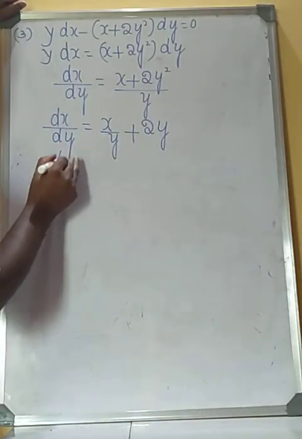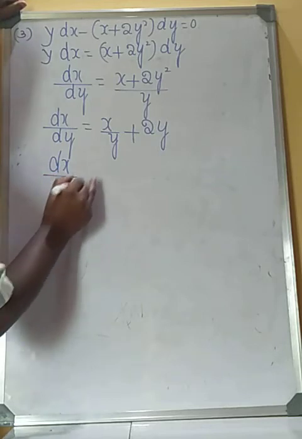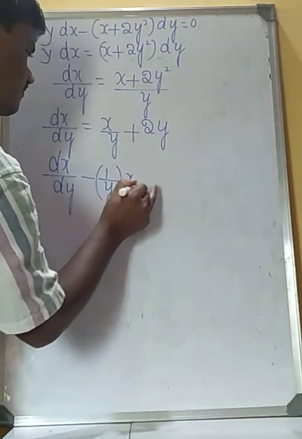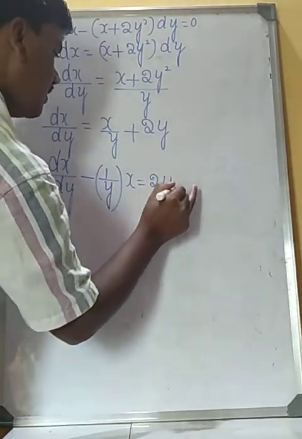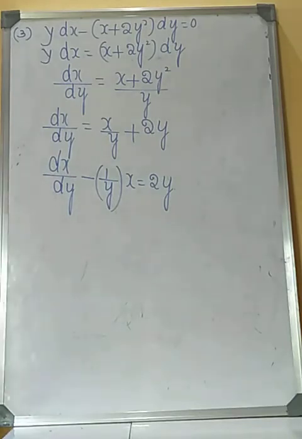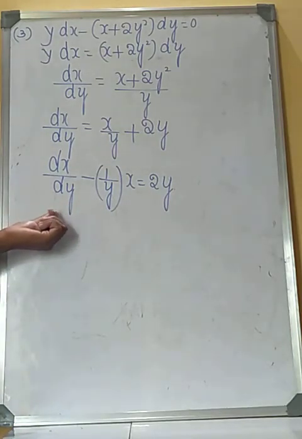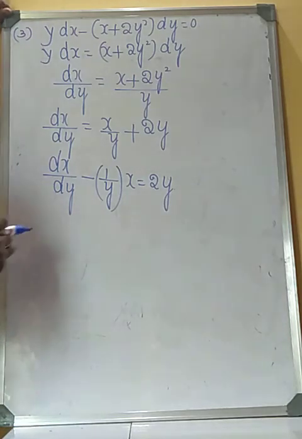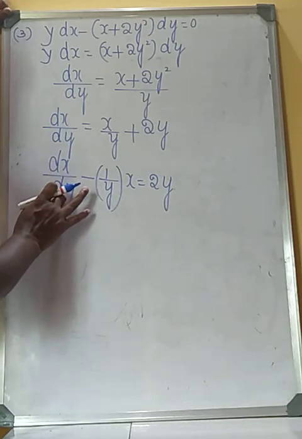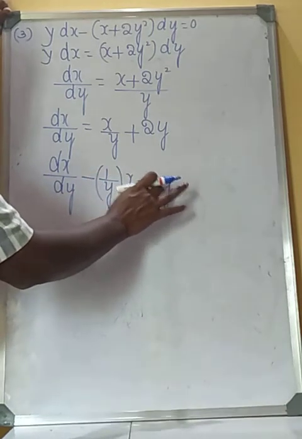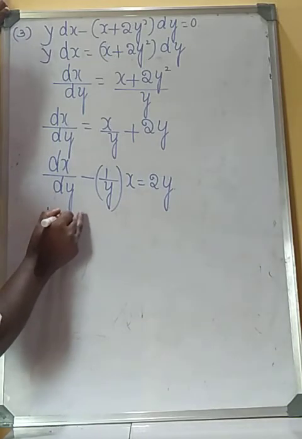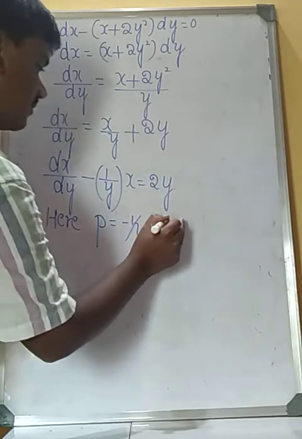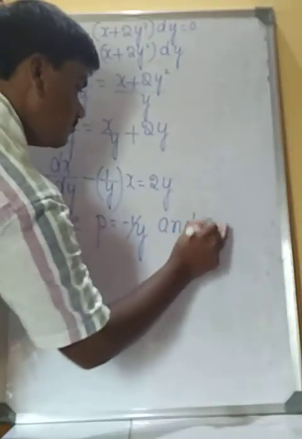Or we can write dx by dy minus (1 by y) x is equal to 2y, which is a linear differential equation of the form dx by dy plus p x is equal to q. Here p is equal to minus 1 by y and q is equal to 2y.